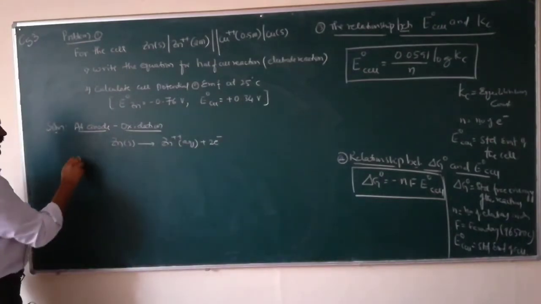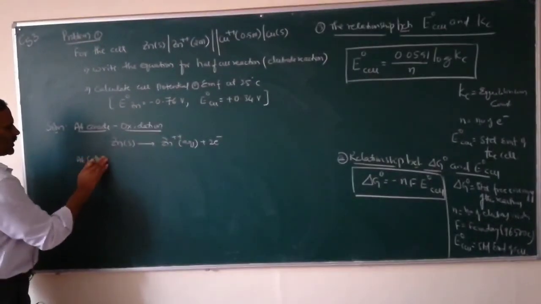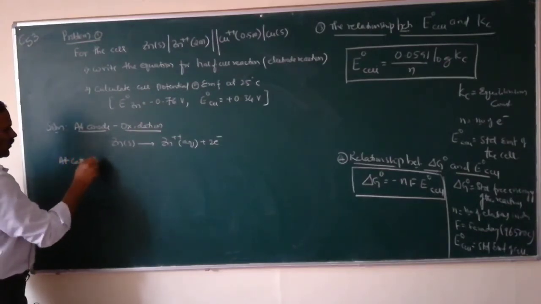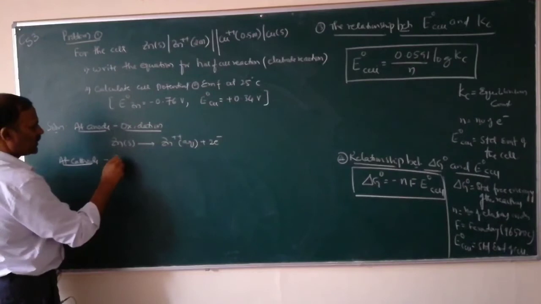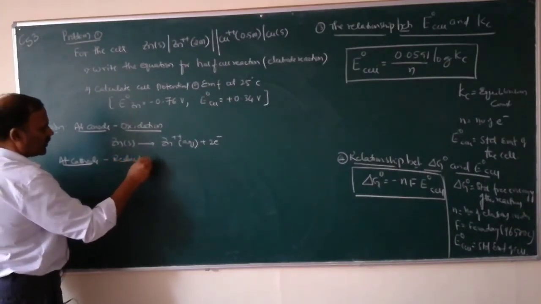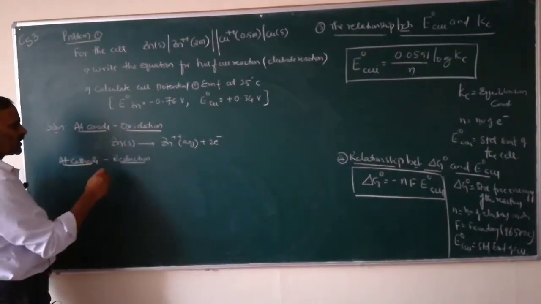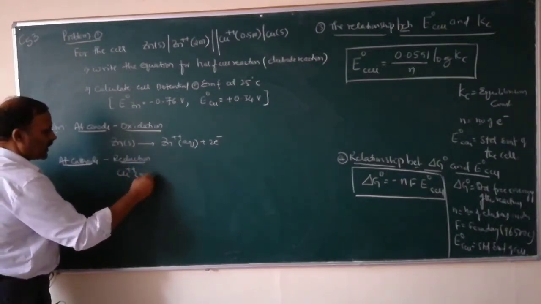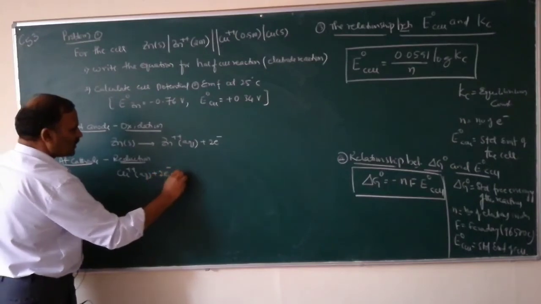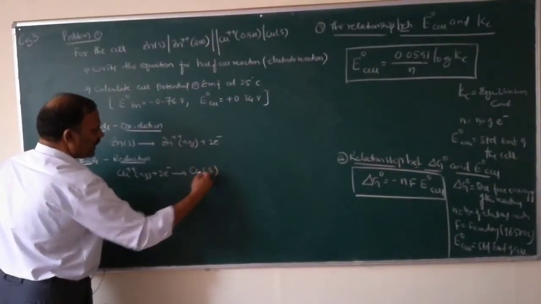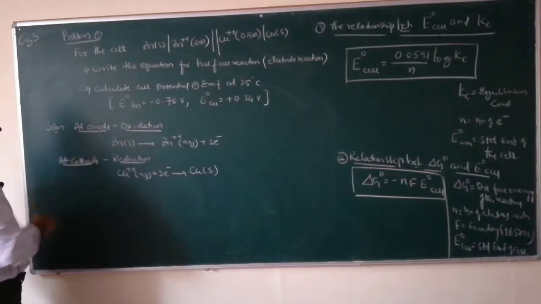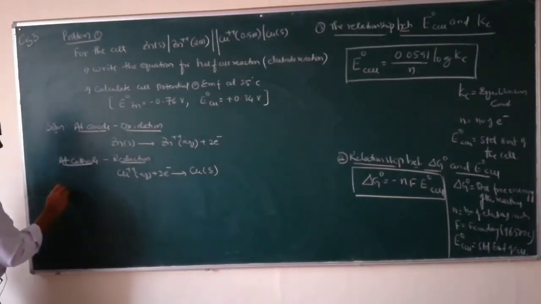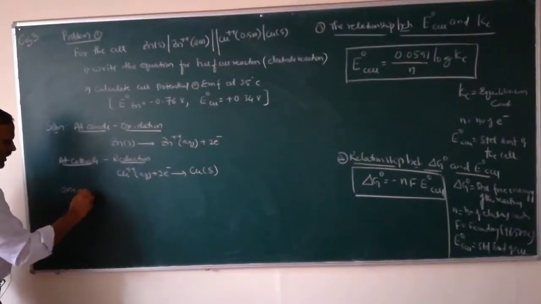Similarly at the cathode, what is the reaction? Here it is reduction, that is gaining of electrons. So here Cu2+ (aq) plus 2 electrons gives Cu(s). So this is the anodic reaction, oxidation, and the cathodic reaction, reduction. What is the overall reaction?